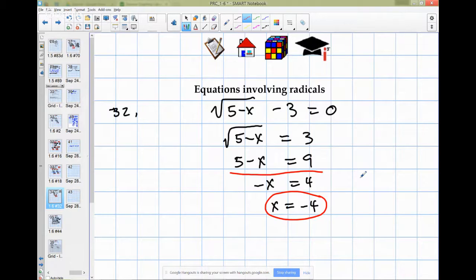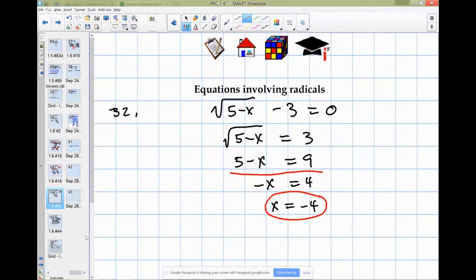That was pretty easy, right? So plan of attack. Get the root by itself on one side of the equation, then square both sides, and then just do simple algebra to finish it up. Okay, those aren't too bad. Now let's see how this can go and be quite a bit harder.